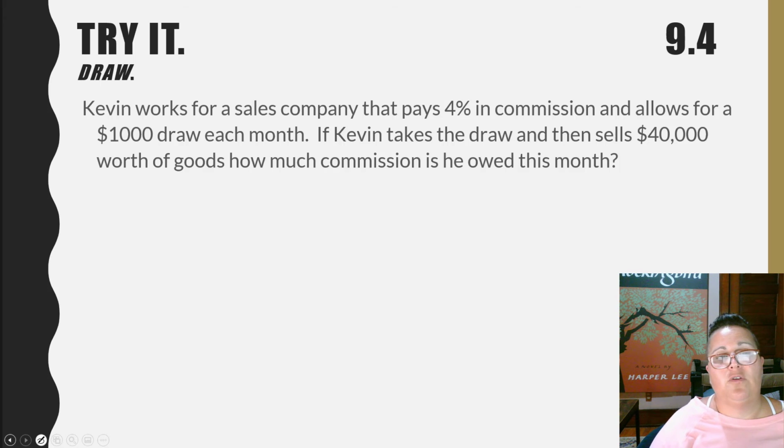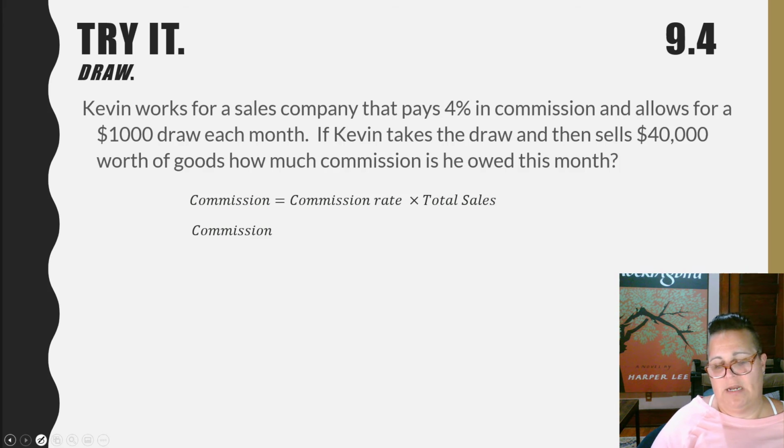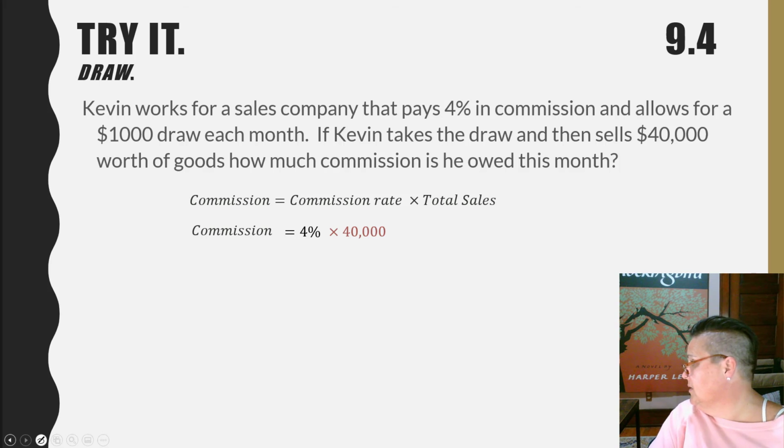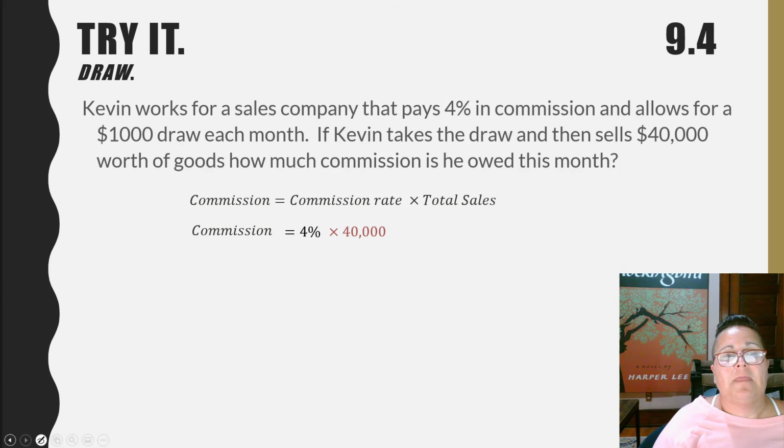So commission, if you recall, is the commission rate times your total sales. So our commission is going to be our commission rate of 4% times the total sales of $40,000. Sorry, puppy's moving. So if I do 4% as a decimal, that's 0.04 times $40,000 is $1,600.